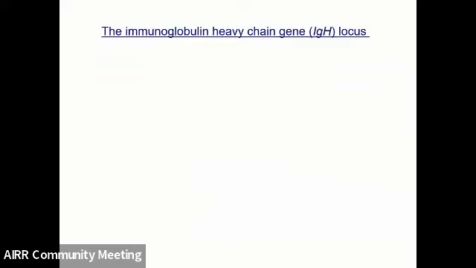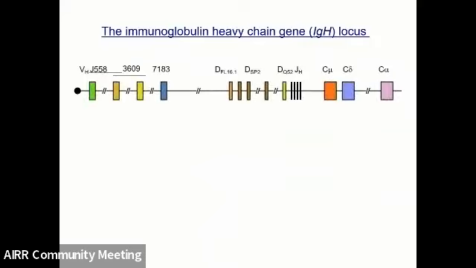Okay, so my topic today is the mouse immunoglobulin heavy chain gene locus. And as everyone in this audience knows, the locus is encoded in the genome as a series of gene segments: variable gene segments, diversity gene segments, and joining gene segments.